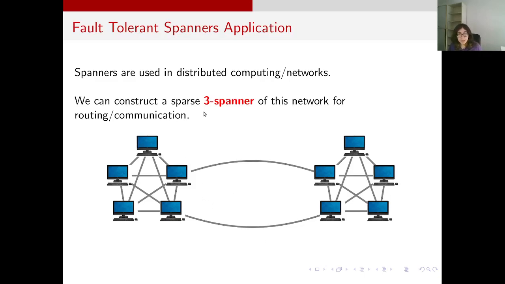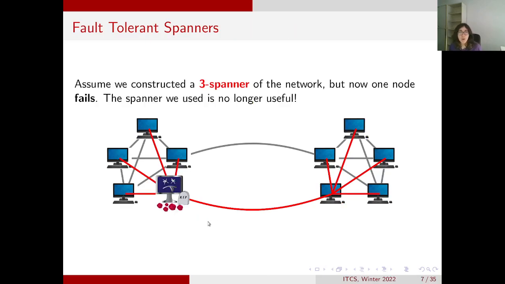For example, here, let's say I want to construct a 3-spanner of this network. Now in practical settings, nodes in a network may fail. The problem is, if this was the spanner we constructed, and now one node fails, our spanner is no longer useful, because these two parts of the graph are not even connected anymore.